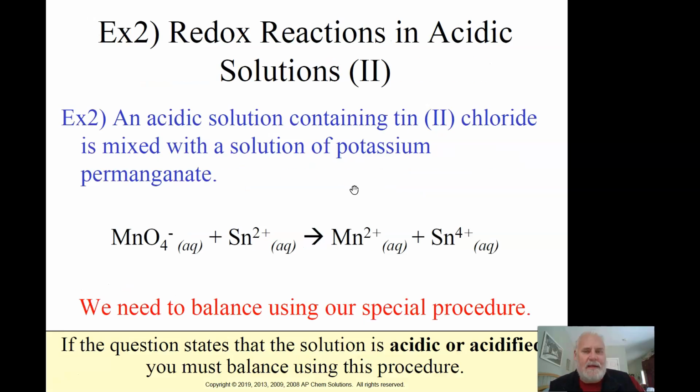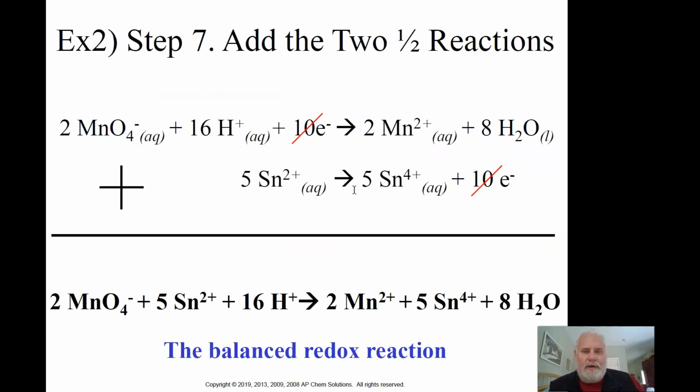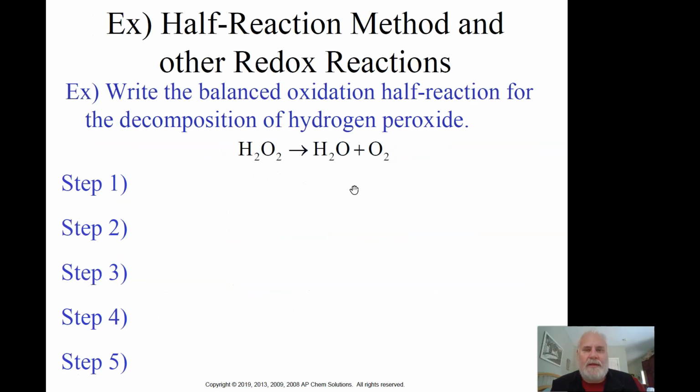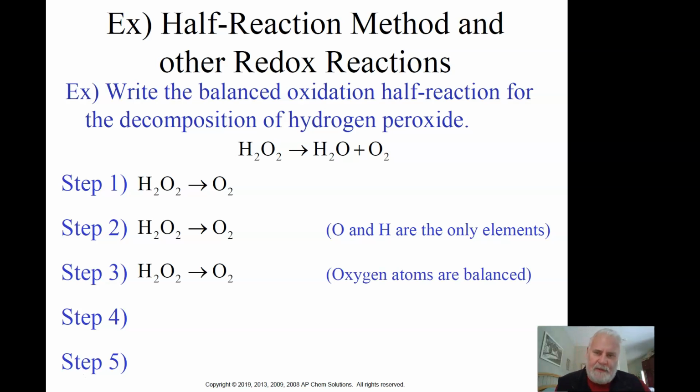So that's how you are wise in the ways of AP chemistry, and you don't write the whole reaction, you write the half reaction. And then you're like, well, balance everything that isn't a hydrogen or an oxygen. Well, that's done already, because that's the only element that's in there. Balance the oxygen, done.